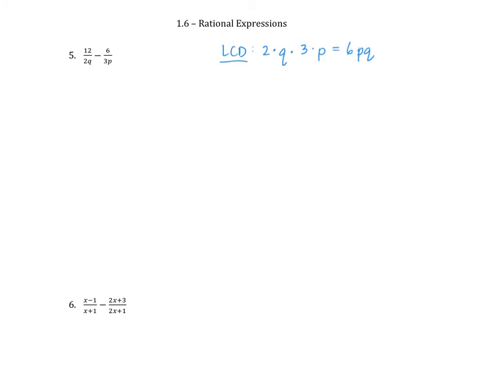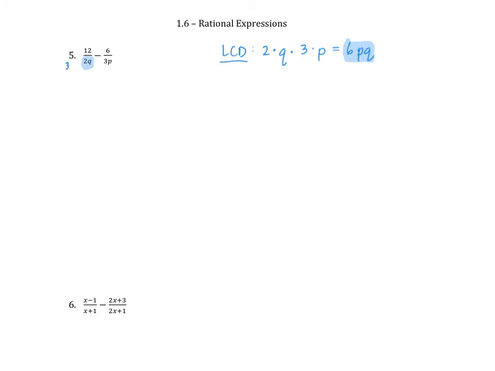What we do with that is we want to find out what is missing and multiply by that. So if we compare 2q to 6pq, what is missing? What do we need to multiply 2q by in order to make it be 6pq? So in order to make the 2 be a 6, we need to multiply by 3.